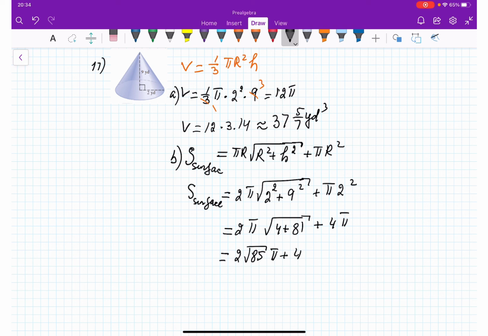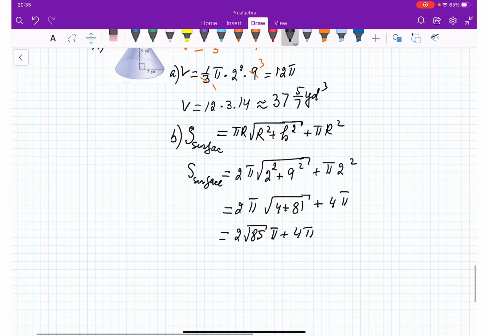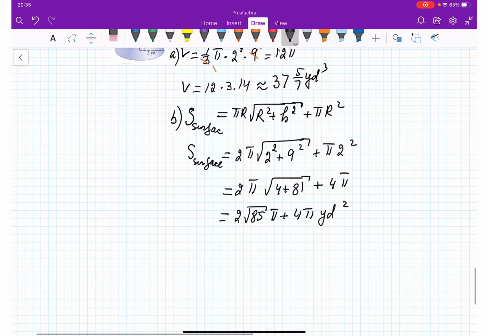And plus 4 pi. Okay, and this is going to be square yards, squared. All right, so this is what we got.